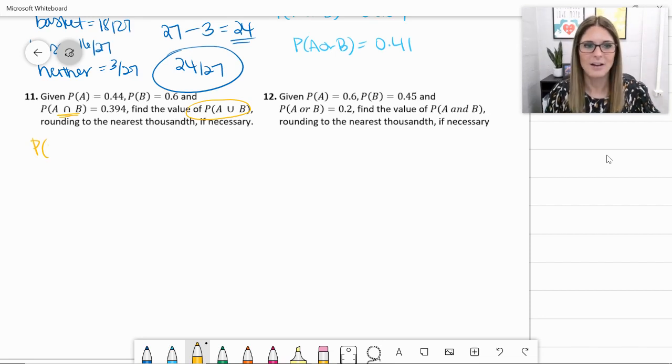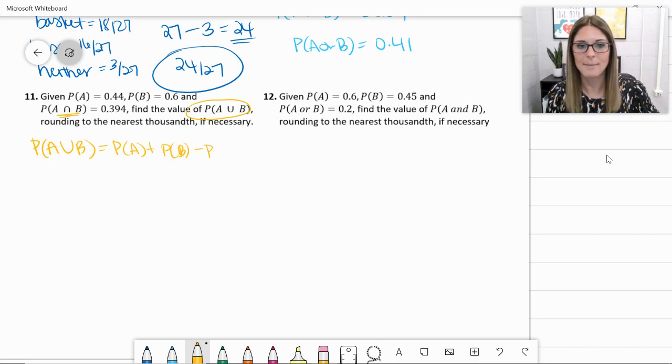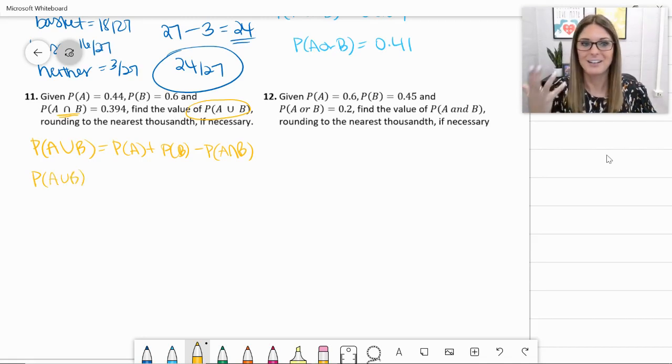Our formula we can write as, instead of A or B, that's our union, A union B is equal to the probability of A plus probability of B, and then subtract the overlap, A intersection B. All right, we are looking for that A union B, or I could refer to it as A or B.